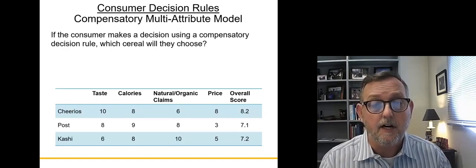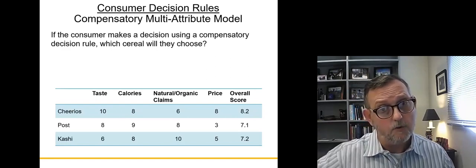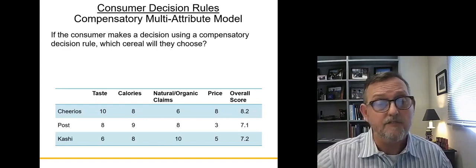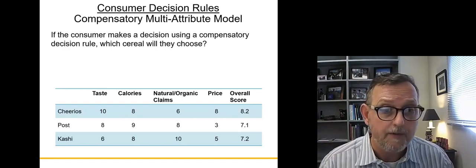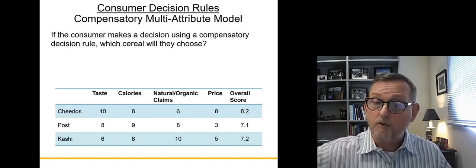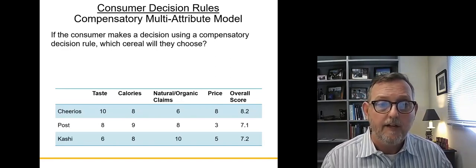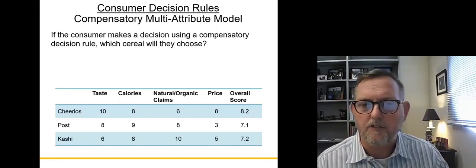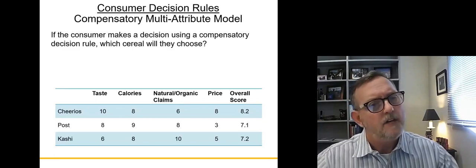It's also priced the best to them. So it's probably priced lower because it's the best. Post, in their perception, is more expensive, so their price score is lower. Kashi is perceived as the most organic, so they score the highest in that category. And then calories is kind of a mix, and it's pretty even across all three, between 8 and 9.